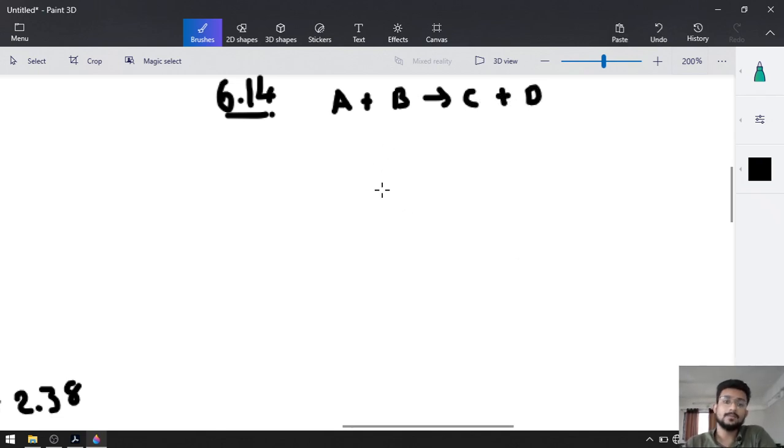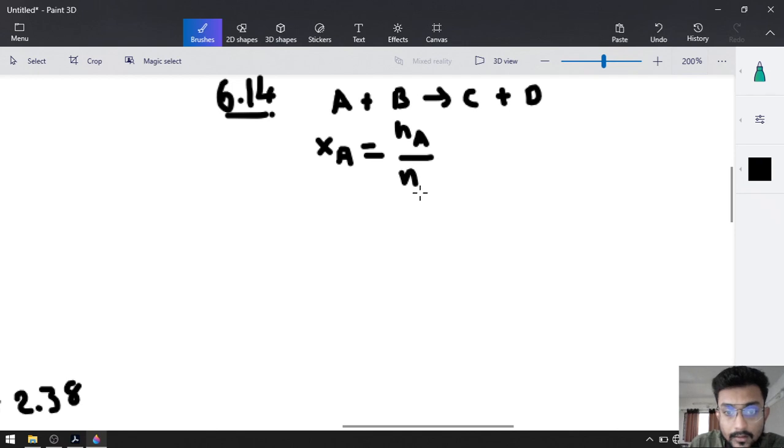Now suppose I want to discover the mole fraction of A. So the formula will be mole of A, mole will be symbolized as n, mole of A upon total mole. That will be the formula of mole fraction.